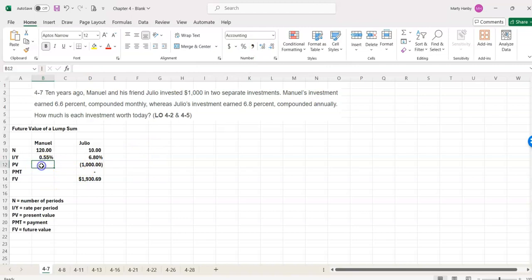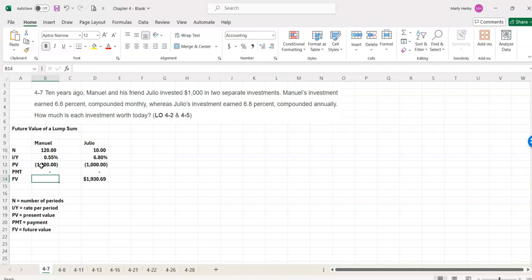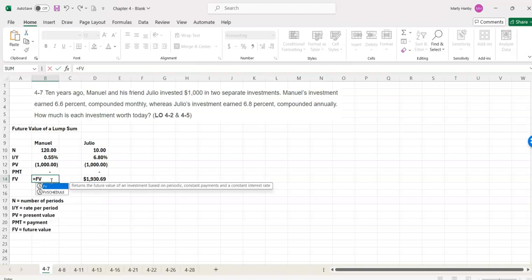so 0.55% per month. So then minus 1,000 and 0, and I can actually copy this over as well. So just hit Control C, Control V, and place it right here, and it would actually pick up these cells.